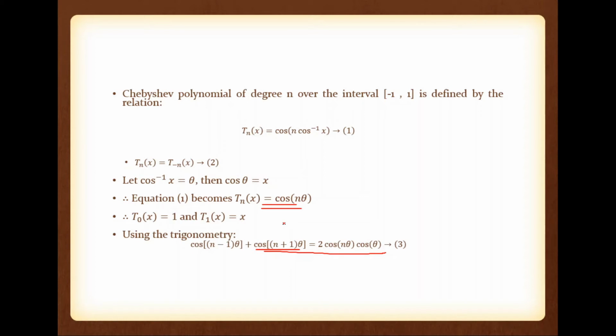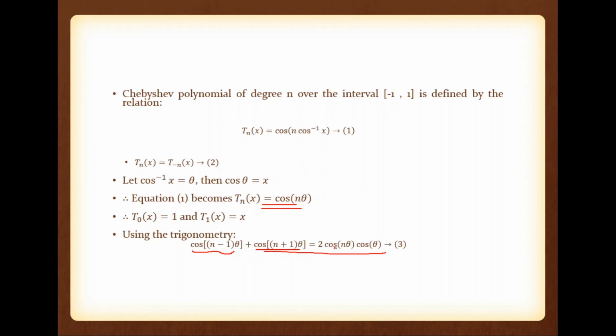You can see that here this is cos n theta, so here we have Tn of x. Here this is n minus 1 theta, so we can replace this with Tn minus 1 of x. What about this one? By comparing, this is n plus 1 into theta, so cos of n plus 1 theta we can replace with Tn plus 1 of x.